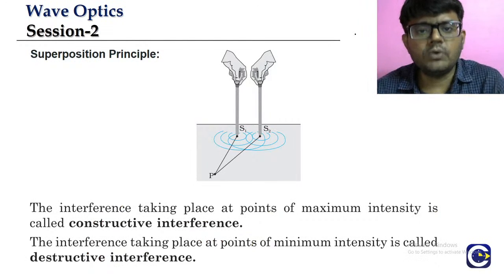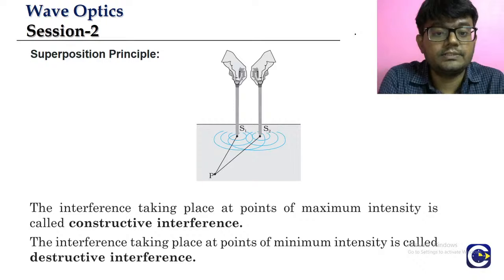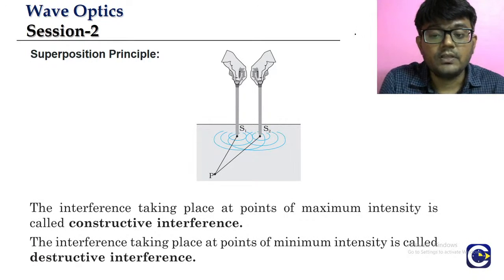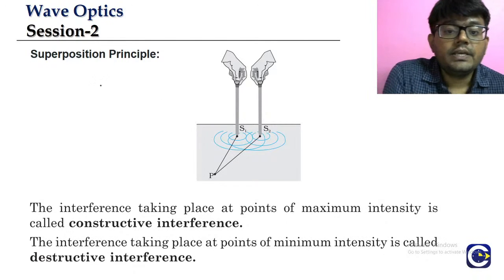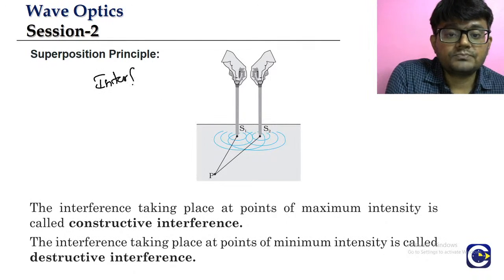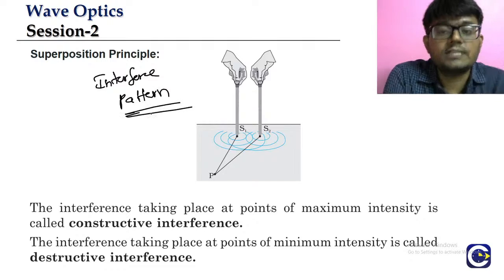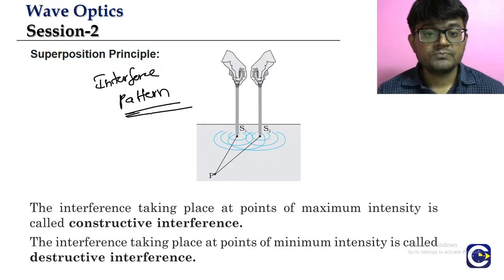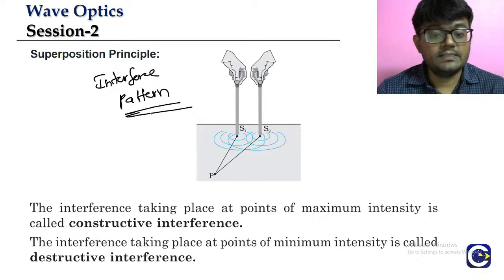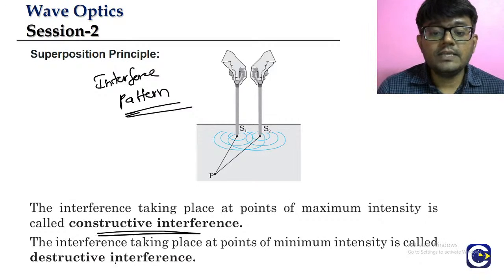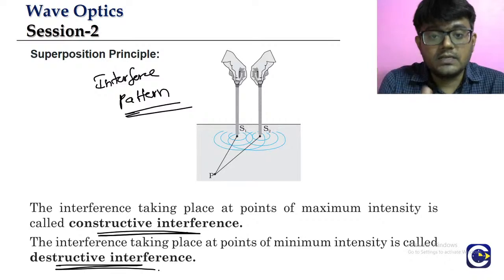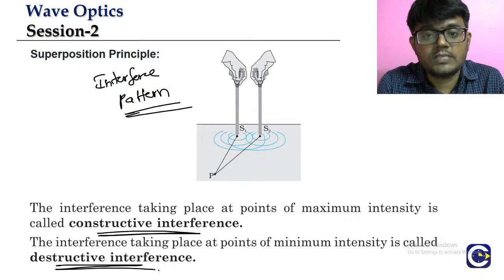But before we go there, as a result of this superposition of the waves, what are we finally going to observe? We are going to observe the interference pattern. So in the space around these sources, we will observe the interference pattern. In this interference pattern, as we already said before, there are two marked locations or loci, whatever we call it.